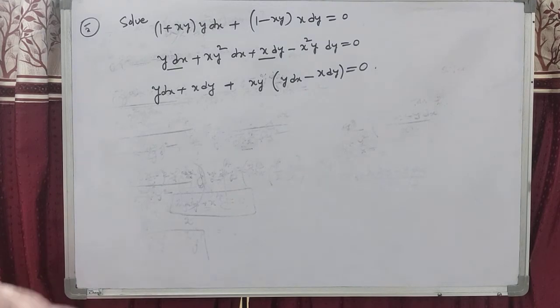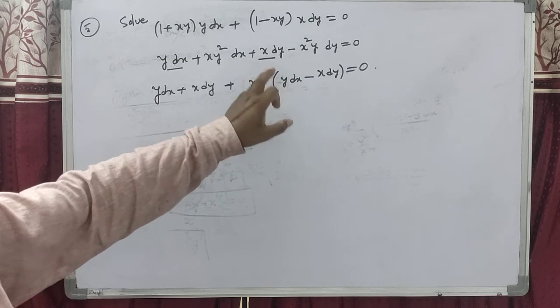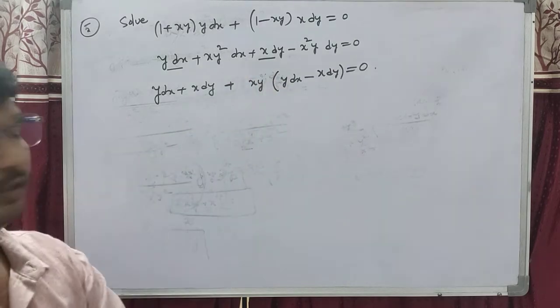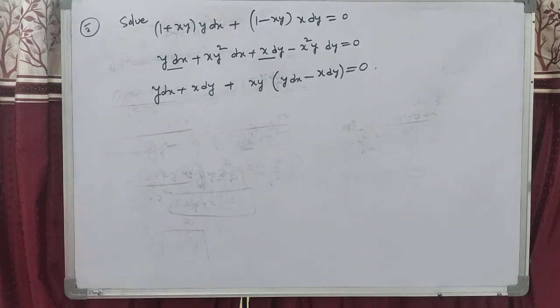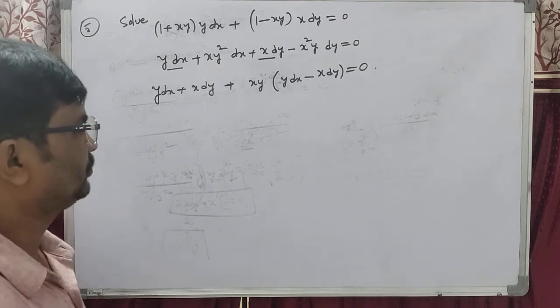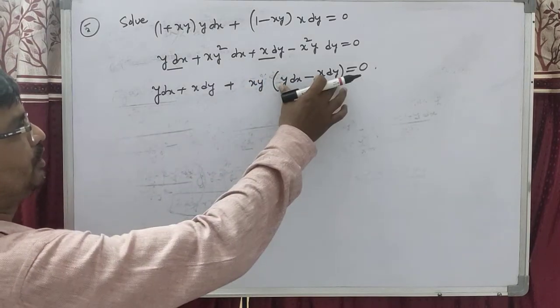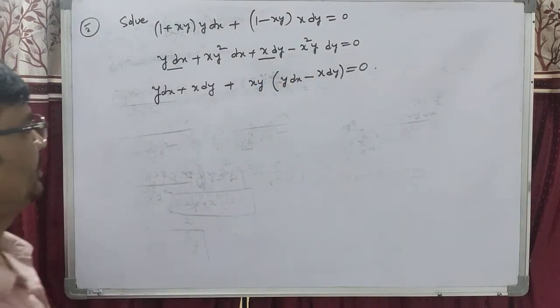Suppose when we divide by y square, undoubtedly here we get y cube. So now we have to observe here, there is a problem. Suppose it is divided by xy, it is only there. How can you write here?